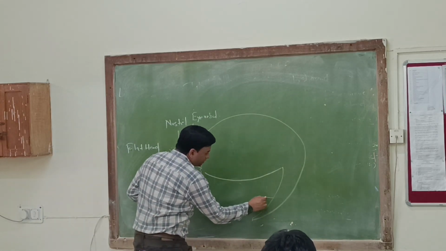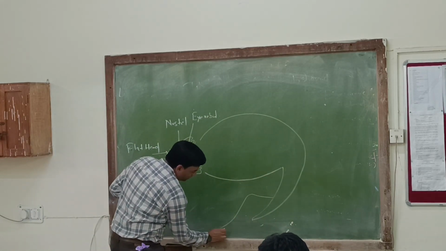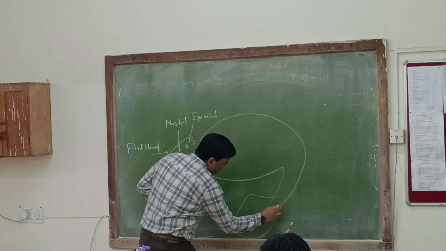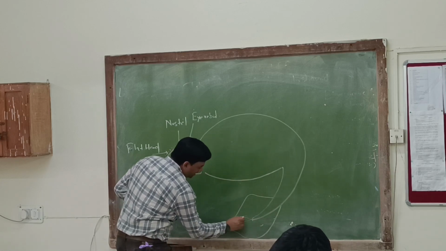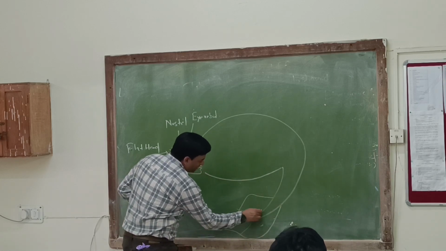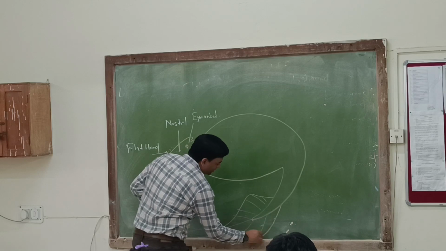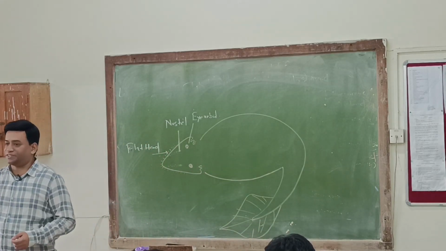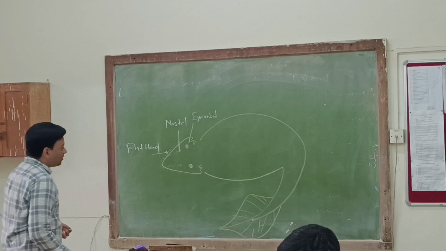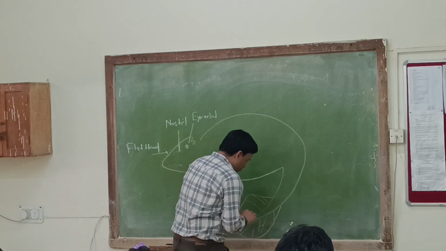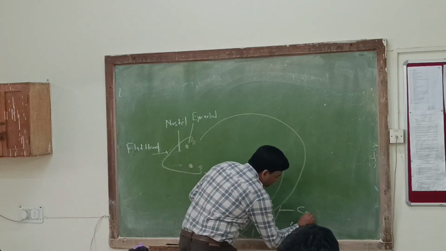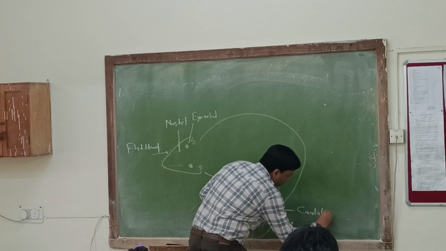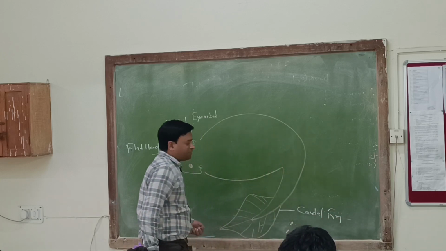And it has also got the caudal fin. Now if some animal has a fin and that too a caudal fin, then this is 100% a fish. So it has got a caudal fin. This is the caudal fin. That means it is a fish.